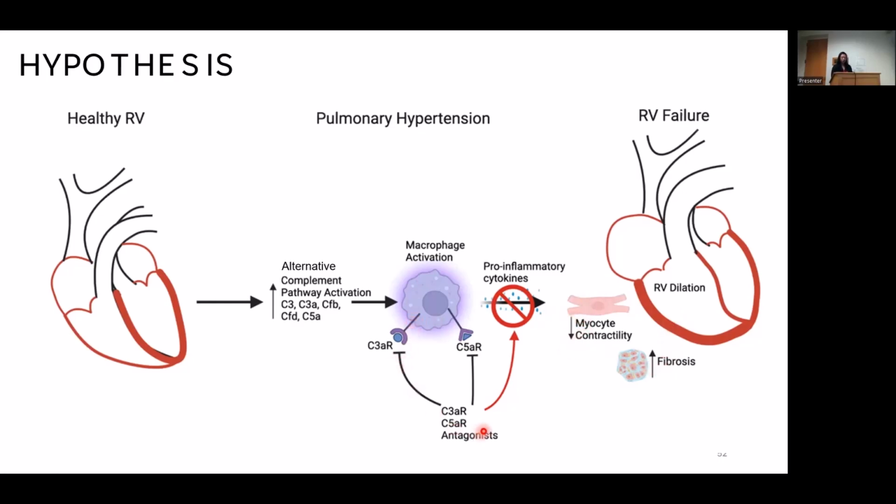And I'm planning to treat animals with C3aR antagonists to see whether blocking this macrophage activation by complement can rescue or prevent some of these changes in the RV.